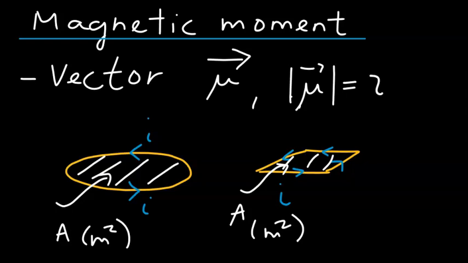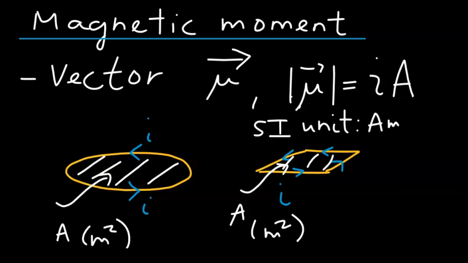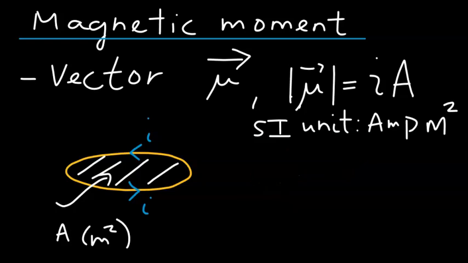It's a product of the electric current times the surface area of that loop. So you see that the SI unit to quantify the magnetic moment vector is quite simply ampere meter squared.